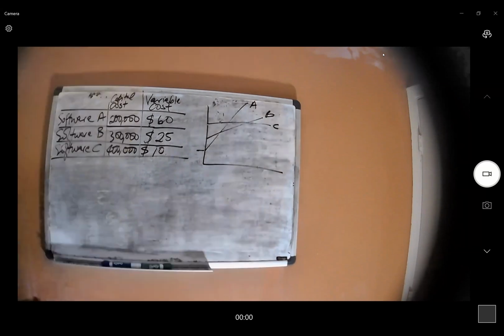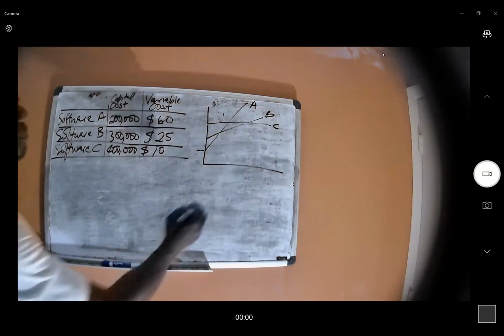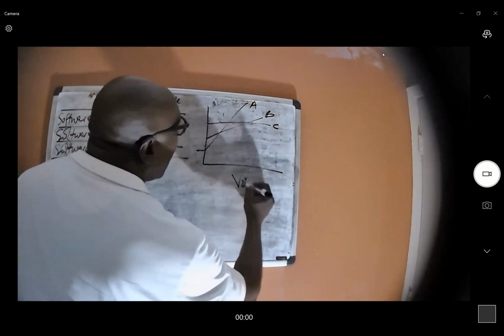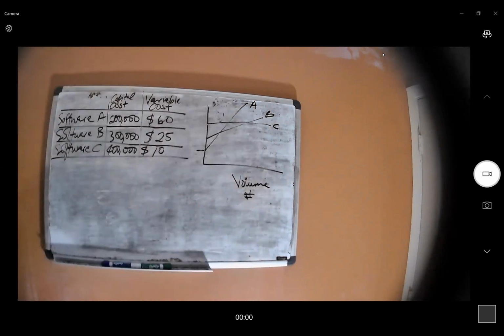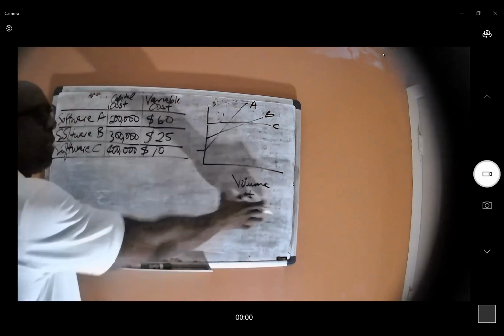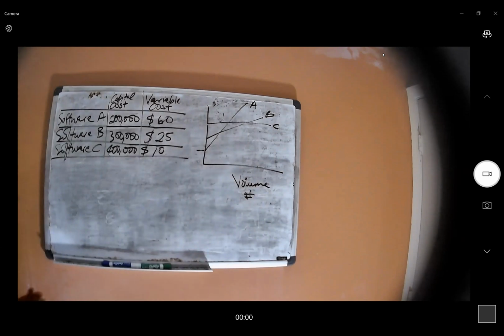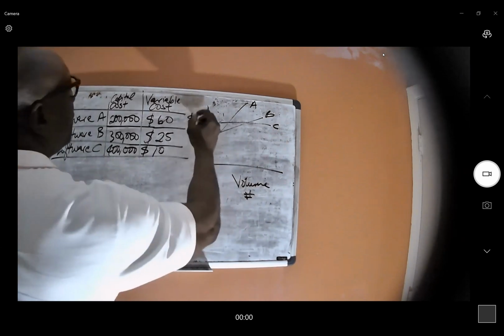So watch this. You need to know what volume, because on the y-axis is volume or number, anyone you want to call it. Number of paper that you need, but we'll just call it volume for now so you can understand, right? And here is the dollar figure, right?